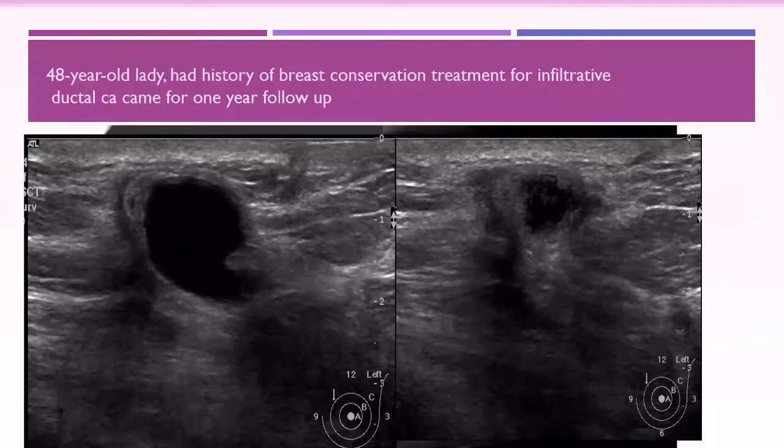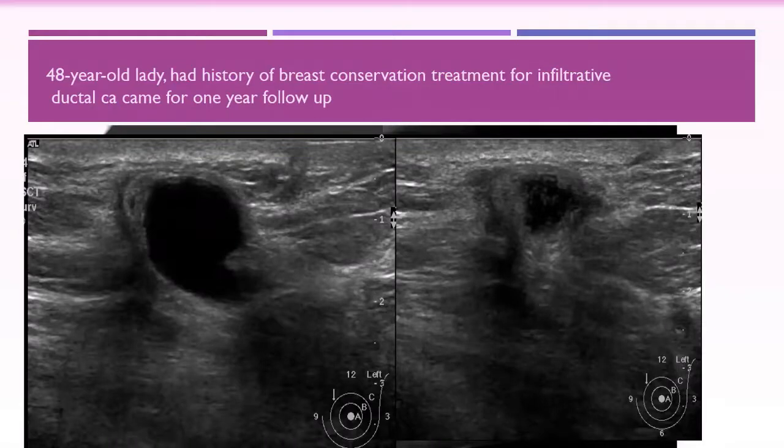So also there is decrease in the size. And the appearance is fitting with seroma, fibrosis, fat necrosis. Yes, it is fat necrosis. It's resolving fat necrosis, post-surgery fat necrosis.